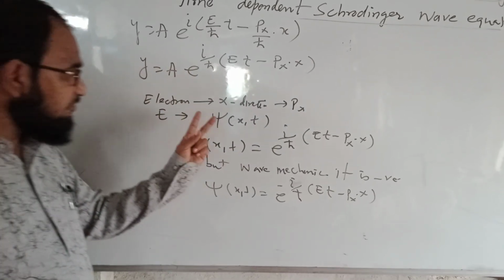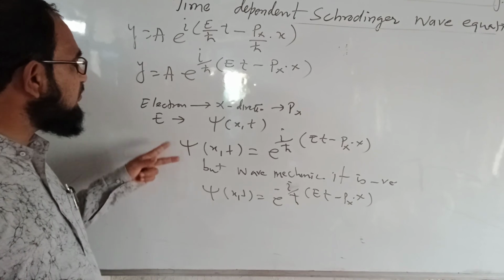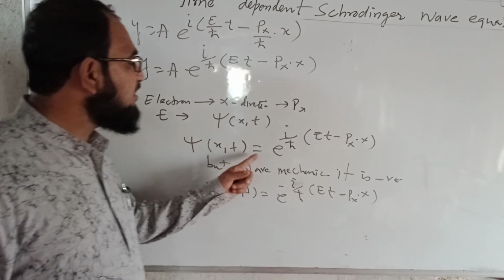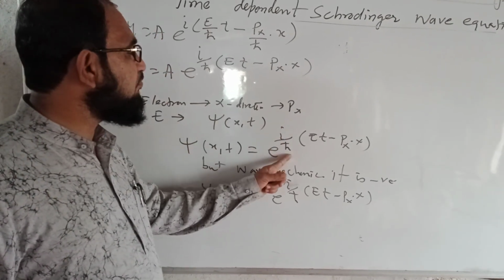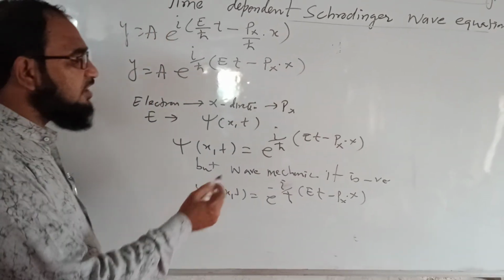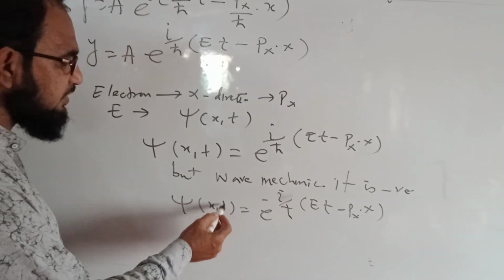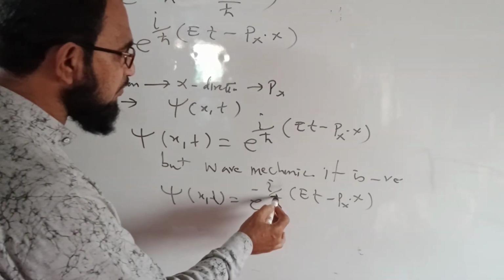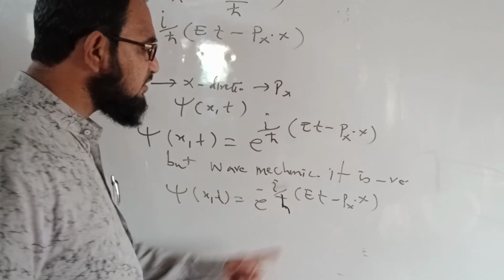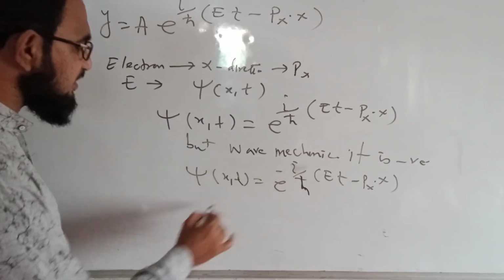Therefore the wave function psi is also given by the similar value as psi(x,t) is equal to e raised to power i by h cross (Et minus px into x). But in wave mechanics this function is negative, therefore psi(x,t) is equal to e raised to power minus i by h cross (Et minus px into x).